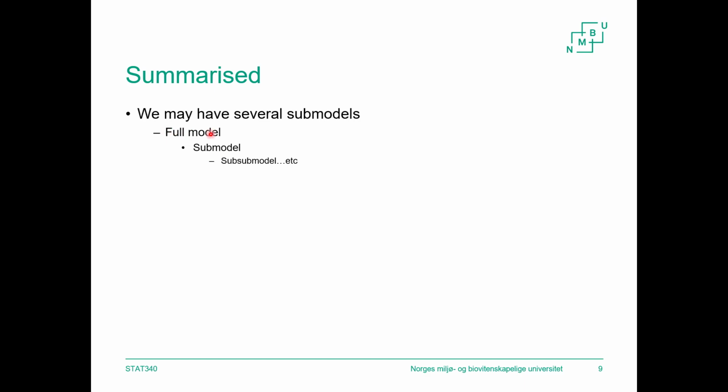You have sort of the biggest one, which you can call the full model, and then you have a simplification of this one, and then you can of course have simplification of the simplification again. So you can actually do a full model selection here by gradually reducing and reducing and reducing parameters until this sort of stops, right? That's the same as a variable elimination, but instead it's a parameter elimination here now.